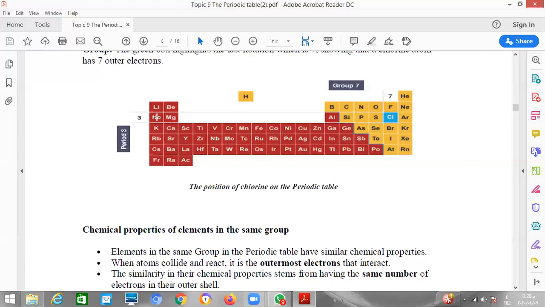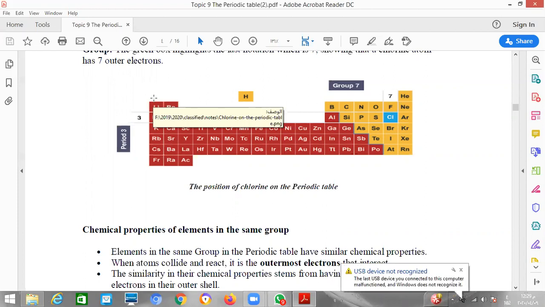Lithium is 3, so it will be 2, 1. What you noticed here is that in lithium, in the outermost shell, there is 1 electron. In sodium, there is 1 electron. In potassium, also 1 electron. So these elements have the same number of electrons.